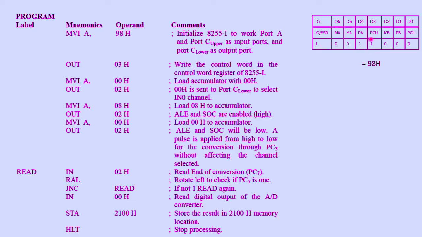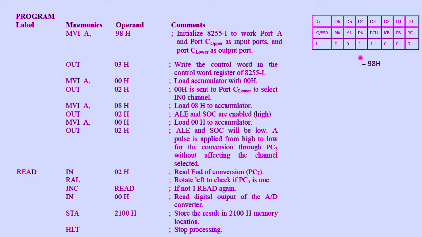Port C upper should also be an input port, that is why it is 1, and port B we are also using in mode 0, as an input port. Port C lower should be an output port, and PCL should be 0 for using it as an output port. Accordingly, the control word for the control word register comes out to be 98.